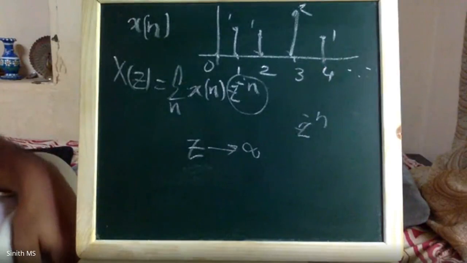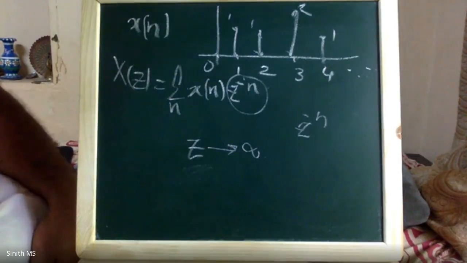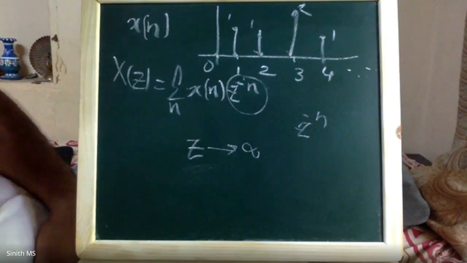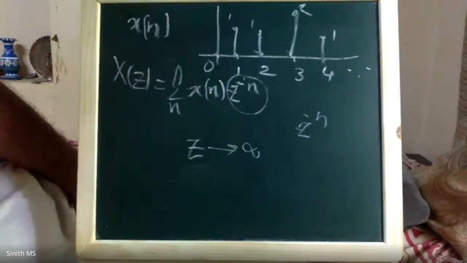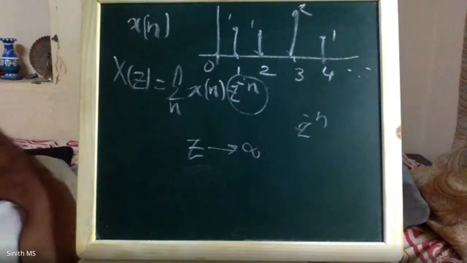Then if z tends to infinity, what happens? Can anyone of you tell? You can unmute and tell so that everyone can hear. If you type in chat, I will be able to see, I think.